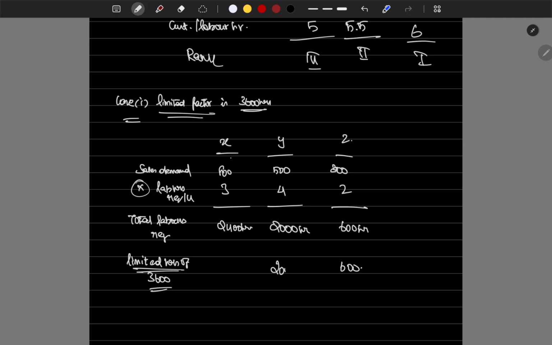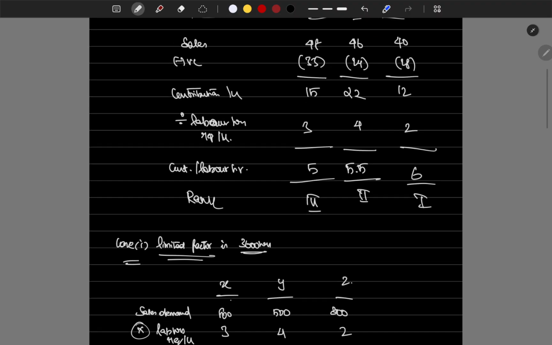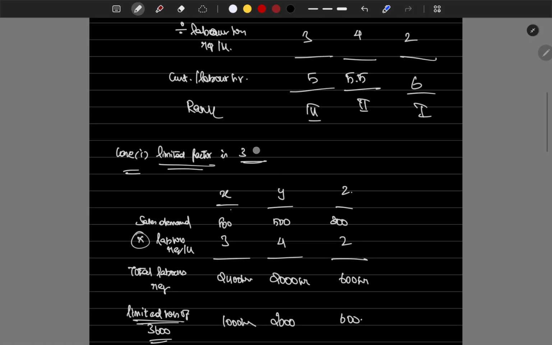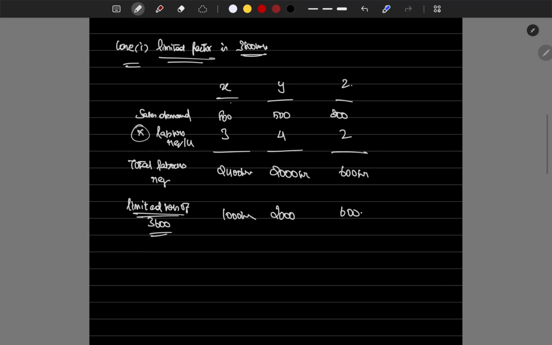Next rank, all the 2000 hours here. What's left out is 3600 minus 2600, which is 1000 hours only that we can allocate. Okay, so the left out then becomes 1000 hours.